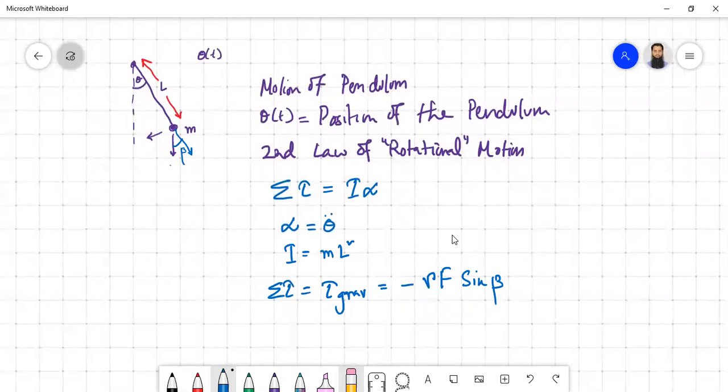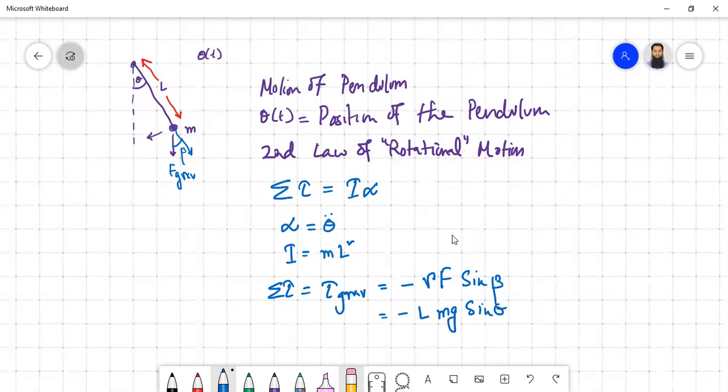This is your gravitational force. As we know, beta is the same as theta. So r, the length here, is minus L, the gravitational force is mg, and then sine theta.